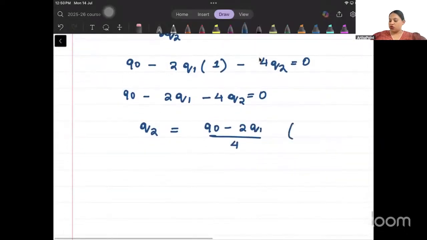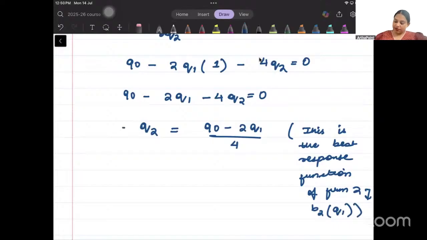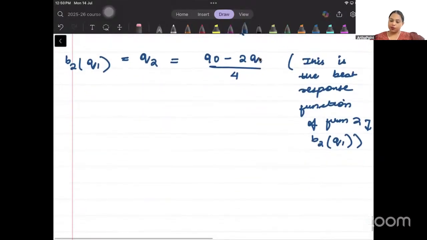And you can also say that this is the best response function. Try to tell the examiner as much as you know. So you can always mention that this is the best response function of firm 2 as a function of Q1. Right? This is nothing but the best response of firm 2 as a function of Q1.